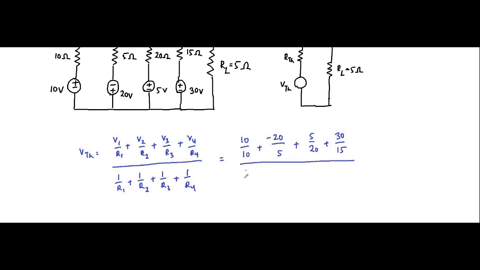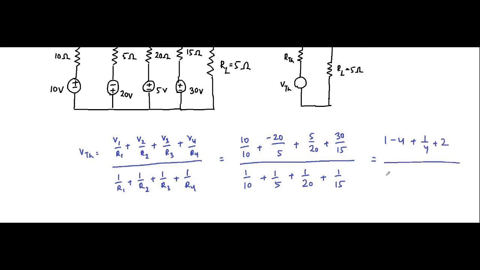divided by 1 by 10, 1 by 5, 1 by 20, 1 by 15. So that is 1 minus 4 plus 1 by 4 plus 2.